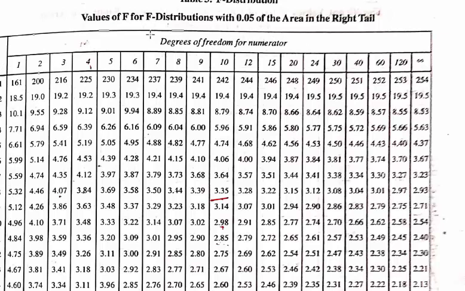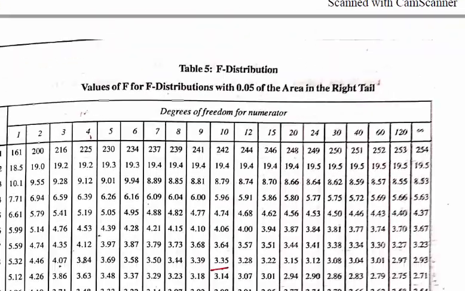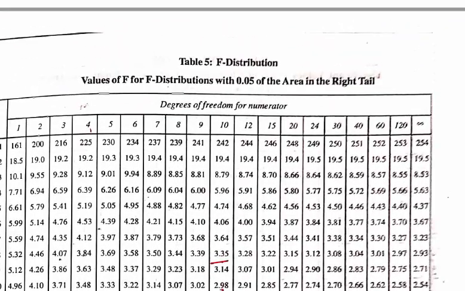Let us suppose we have 9 degrees for the numerator and 12 degrees for the denominator. Then from this side 9 and from this side 12, our answer is 2.80. So the row side represents the degrees of freedom for the numerator, and the column side represents the degrees of freedom for the denominator. This table is used to find the table value of the F distribution.